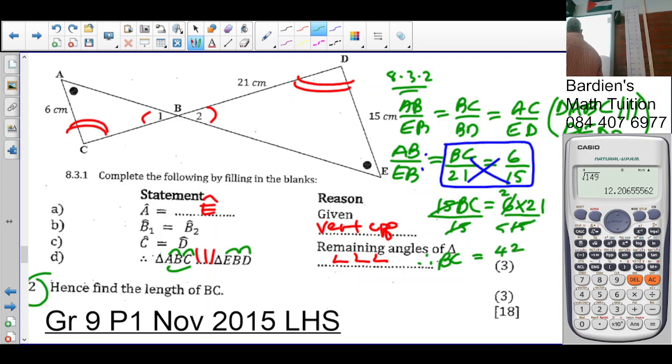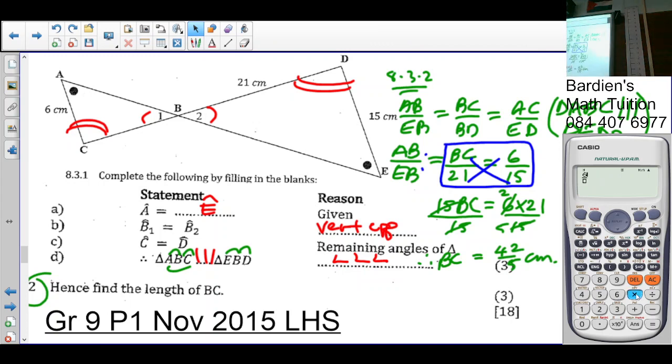So it will be 42 over 5. If you want to write it in decimal, it's going to be 8,4 centimeters. Both are acceptable.